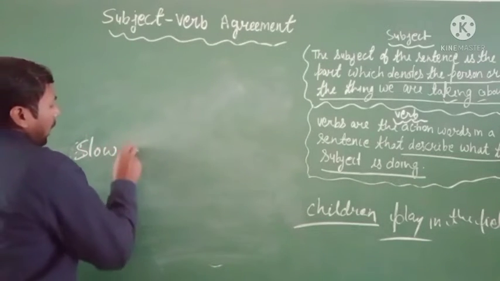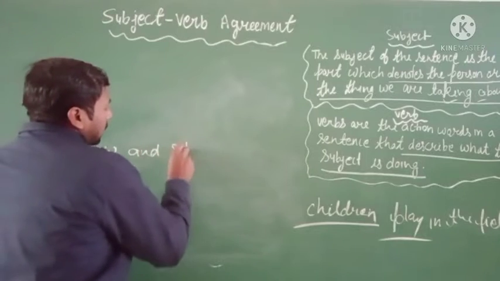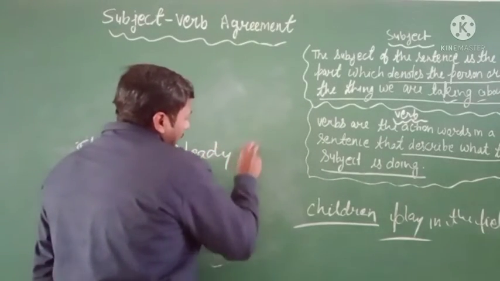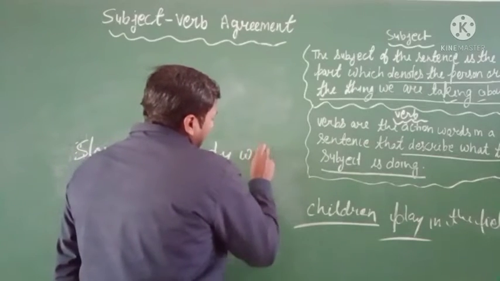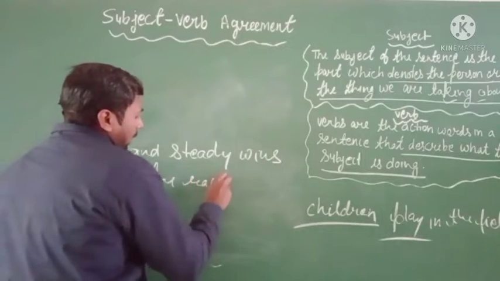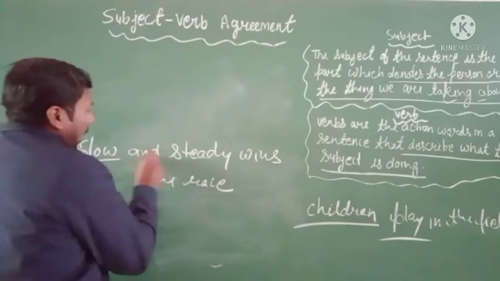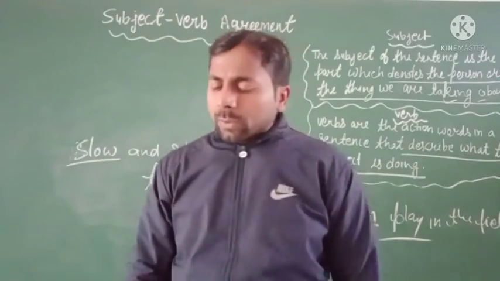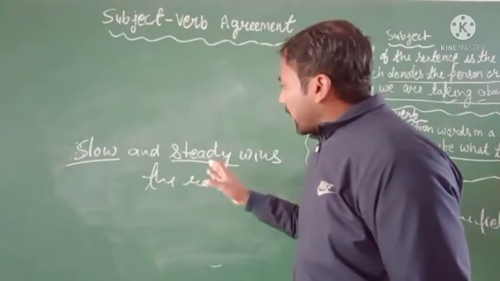Slow and steady wins the race. You can see here that "slow and steady" uses two words, and that appears like a plural number.